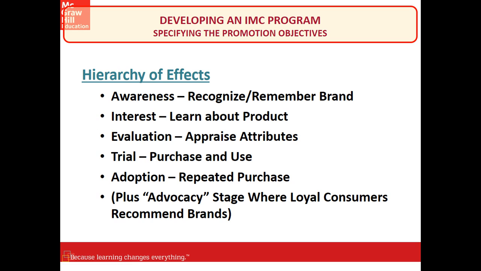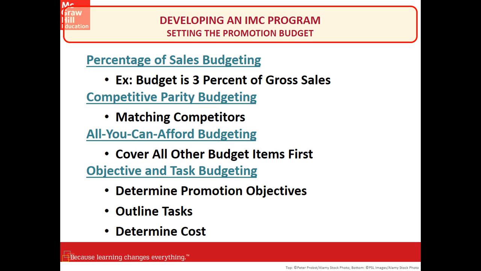the hierarchy of effects for the consumers. The effects go through awareness, interest, evaluation, trial, adoption, and advocacy stages. And this is setting promotion, how to set the promotion budget.